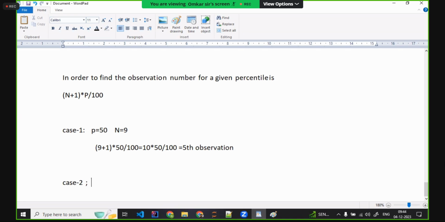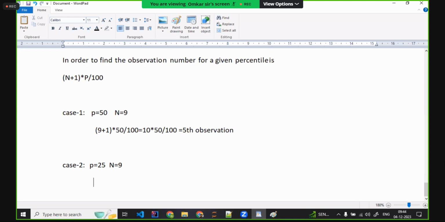Let's do another case. Case 2. P is equal to 25 and N is equal to 9. So same thing, 9 plus 1 into 25 by 100, that is equal to 10 into 25 by 100, which is 2.5.